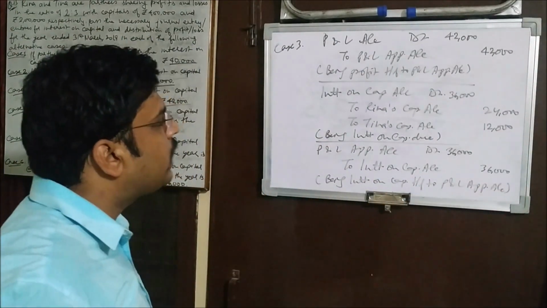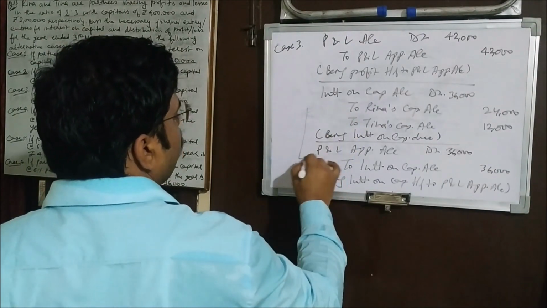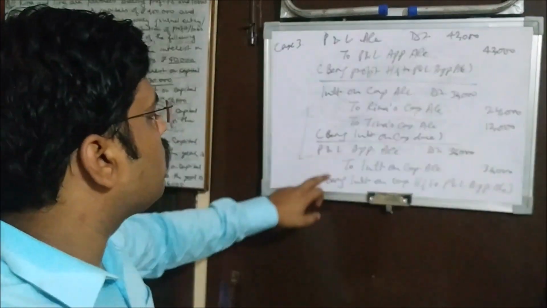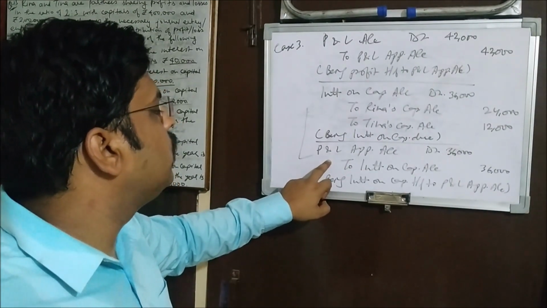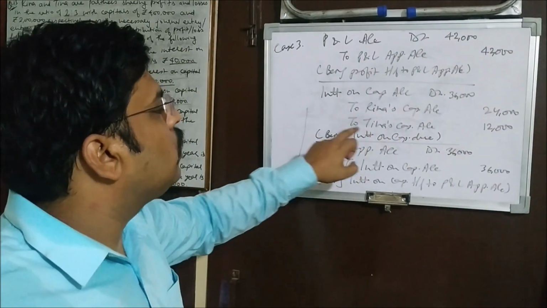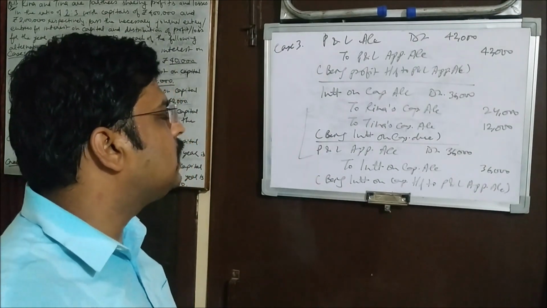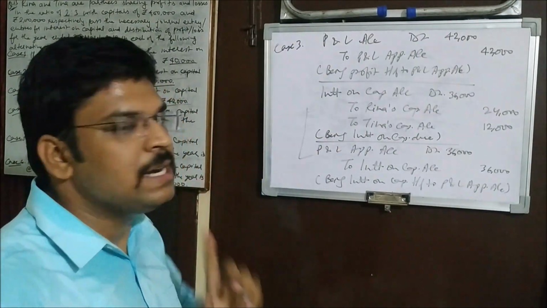I have already told you that instead of passing these two entries, you can pass one single entry. What will be the single entry? Profit and loss appropriation account debit to Reena's capital and to Tina's capital, being interest on capital transferred to profit and loss appropriation account. Understood the point? You can pass two entries or a single entry.